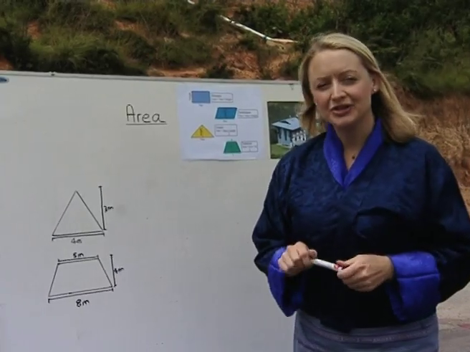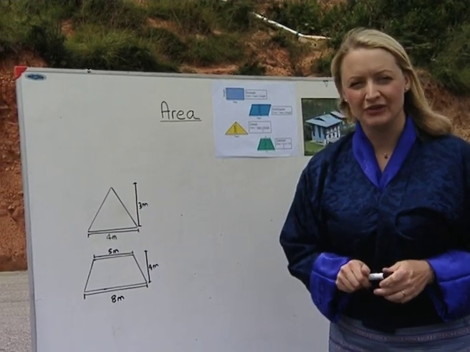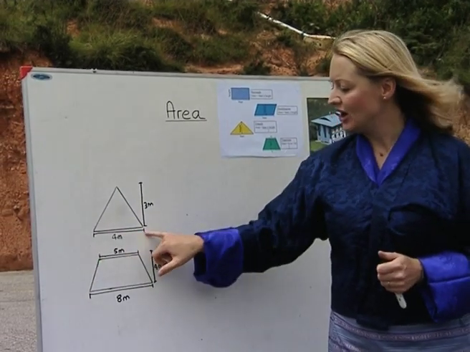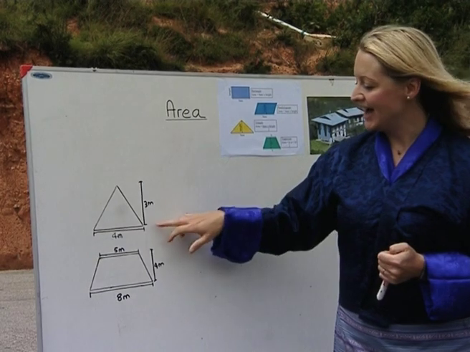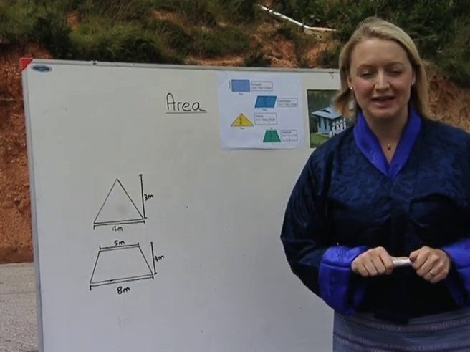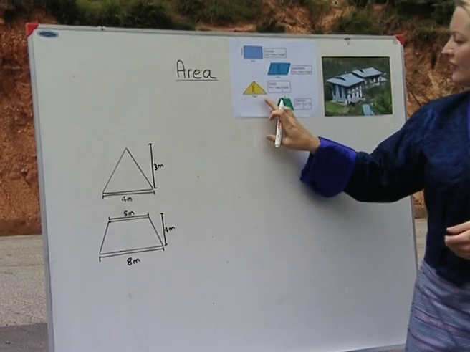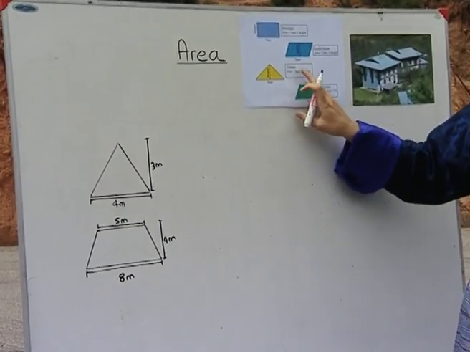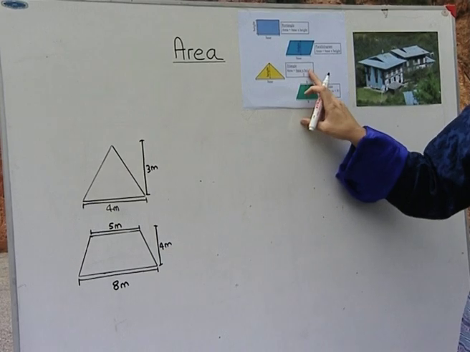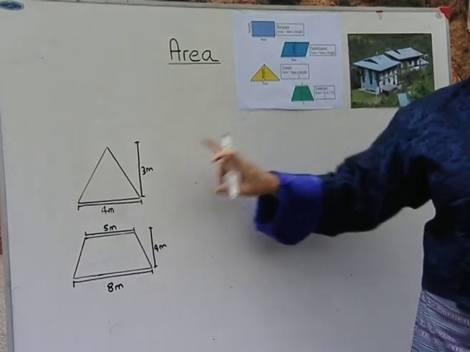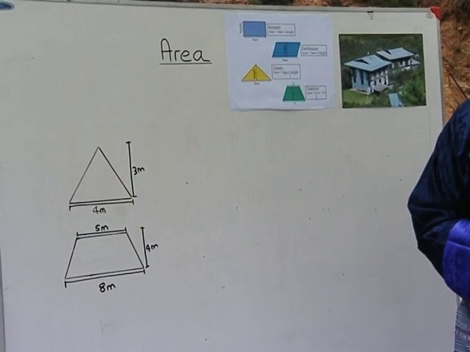Now that we know how to find the area of a triangle, let's have a look at working out the area of the triangle in our roof. And that triangular portion of the roof has a base of 4 metres and a height of 3 metres. So we know that to find the area of a triangle, we need to do base times vertical height, which we have in this case, and divide that by 2.